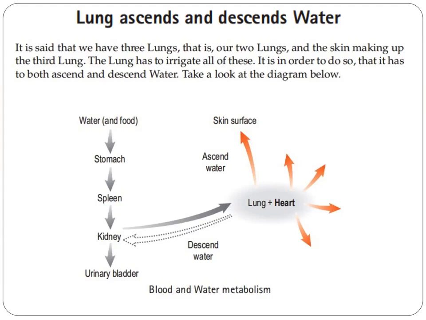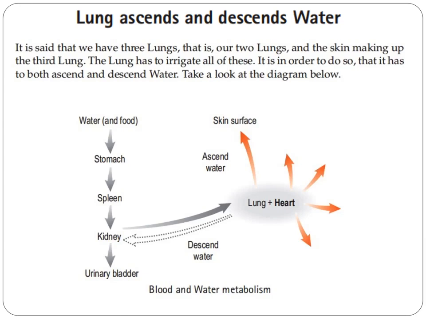Of course, the water will have to go to the kidney, which distributes it, and then to the urinary bladder for the urine. The clear part of the water will have to go back to the lung, and with the help of the heart, it will go to the skin surface. So this is the ascending function of the lung.